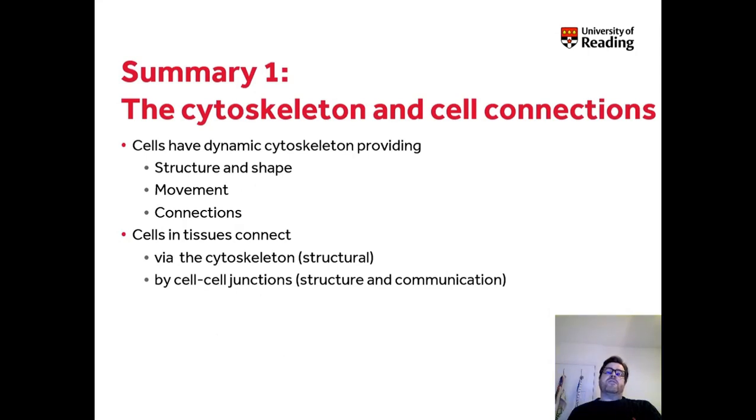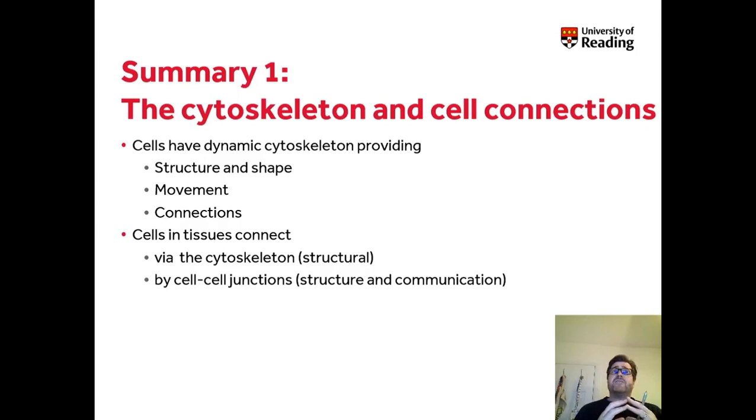So the summary of the first 3 lectures is we've talked about the cytoskeleton and the role that the dynamic cytoskeleton has in structure and shape, but it's dynamic. It also helps provide movement and also aids in tissue connections. And of course, cells in a tissue, in an organ, are connected.